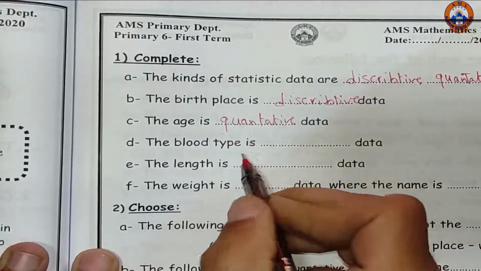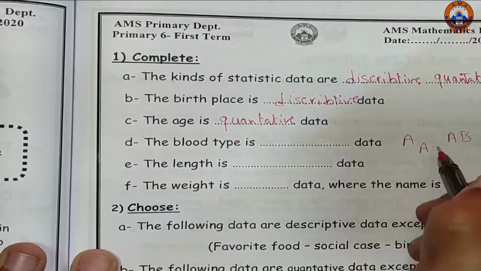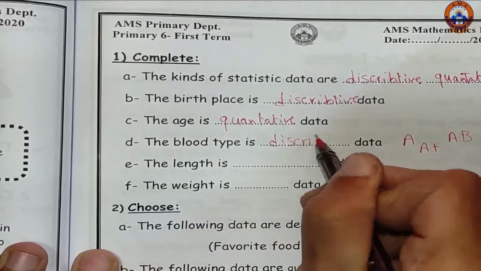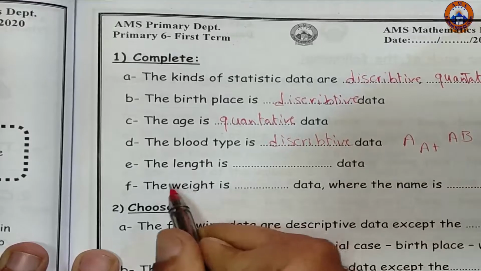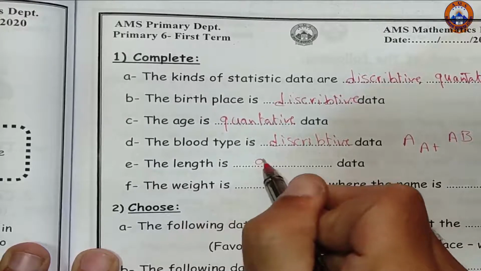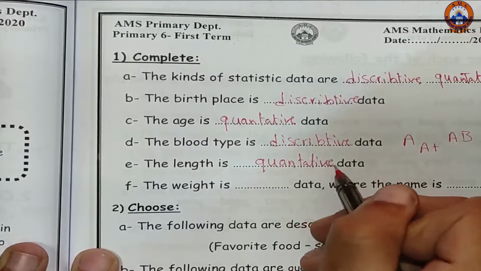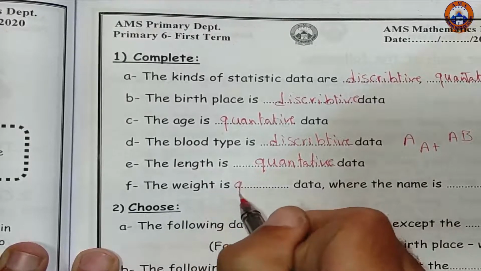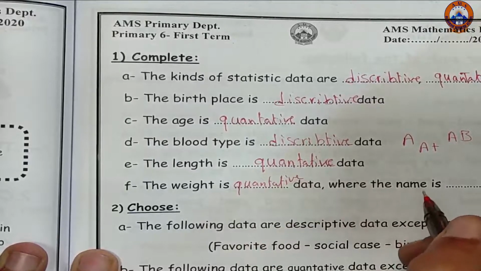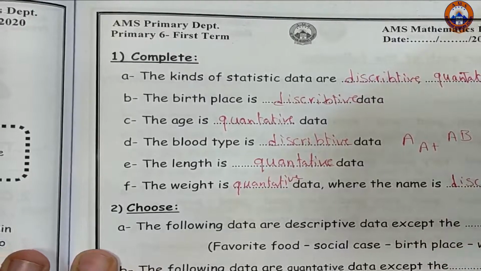The blood type, like A, like AB, like A+, is descriptive data. The length of a line or your height is quantitative data. The weight is quantitative data because we write it as a number, but the name is written in letters, so this is descriptive data. Okay?